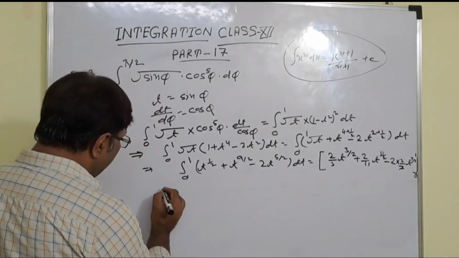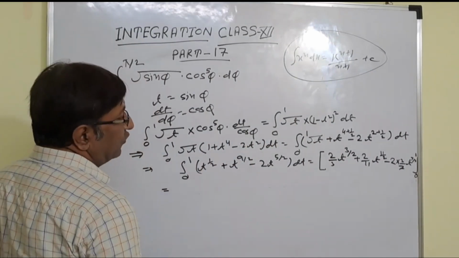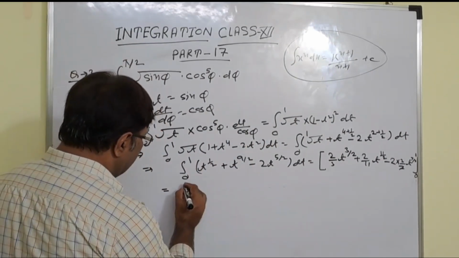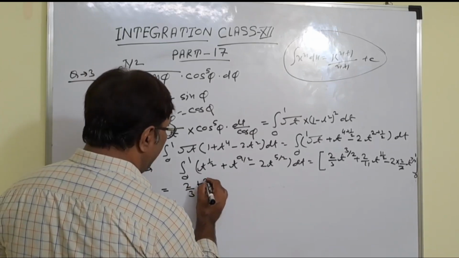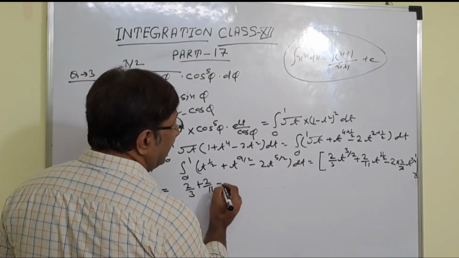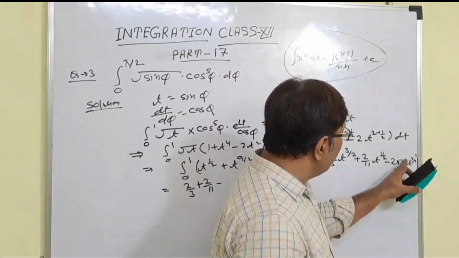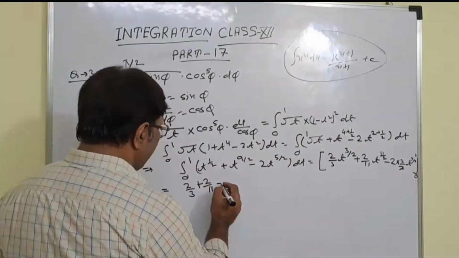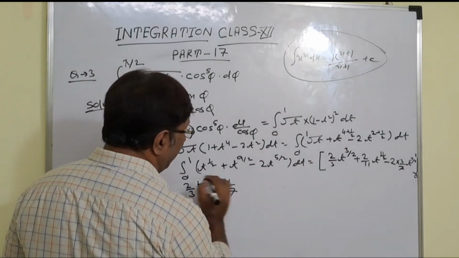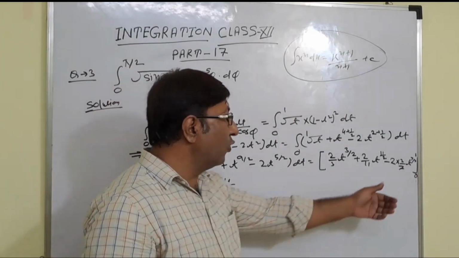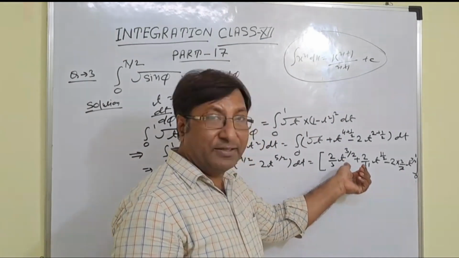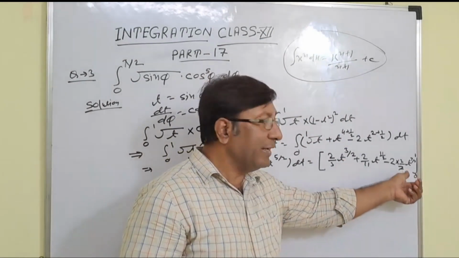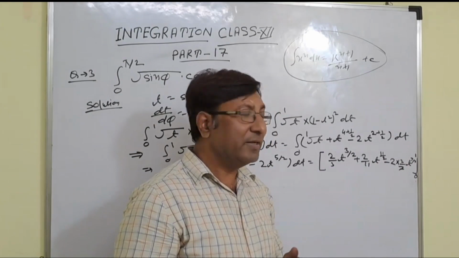So when we put upper limit 1, so t equal to 1, we will get 2 by 3 plus 2 upon 11 minus, and this is 2 into 2, 4 by 7. So this is minus 4 by 7. Minus lower limit is 0. So this term 0, t is 0, here t 0 and here t 0. So all terms will be 0.